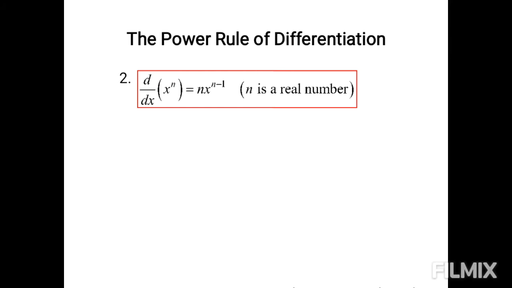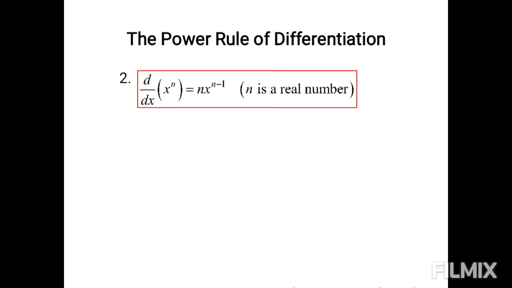Here we have n, and we deduct 1 from it. Then we multiply the resulting power function, which has x as its base, by the original exponent n.